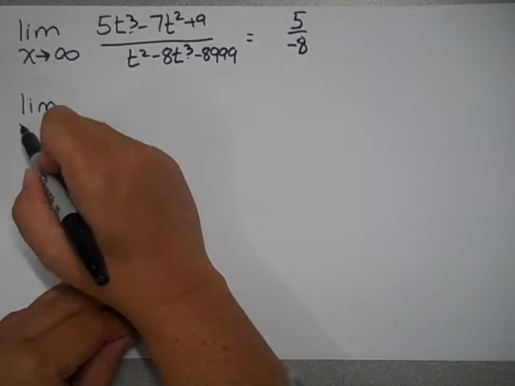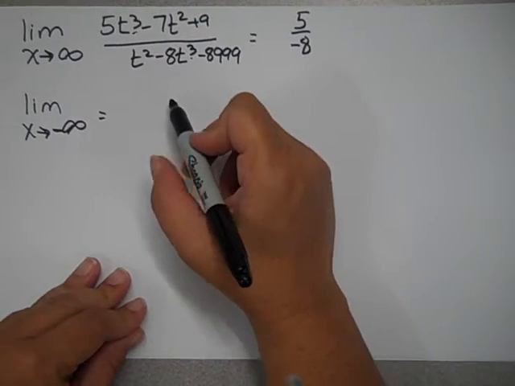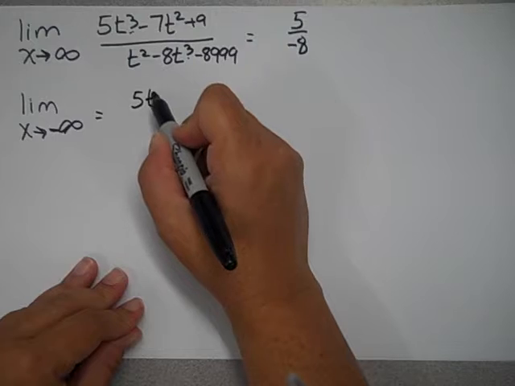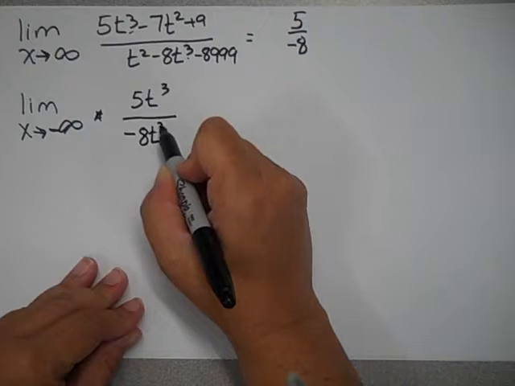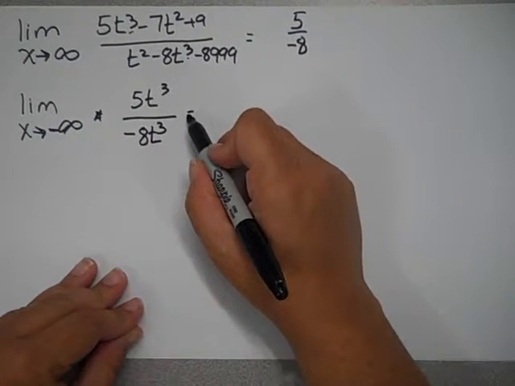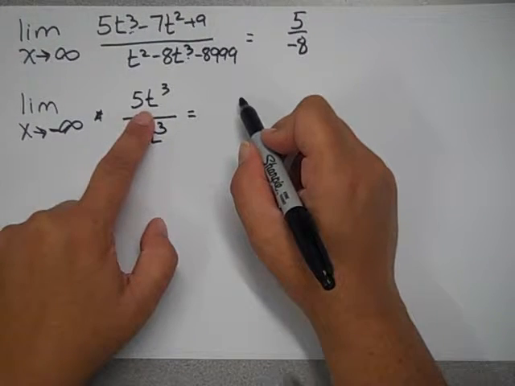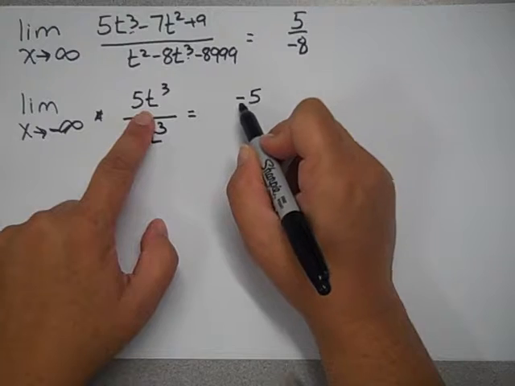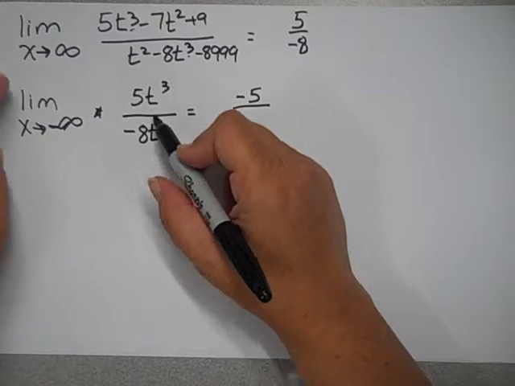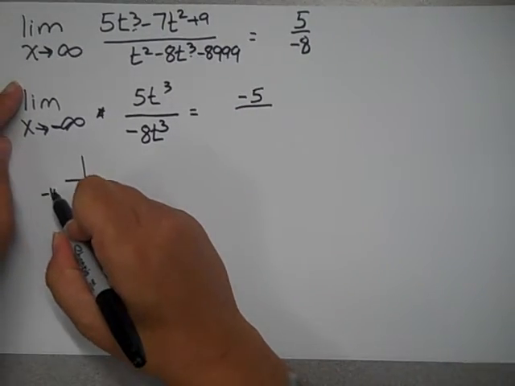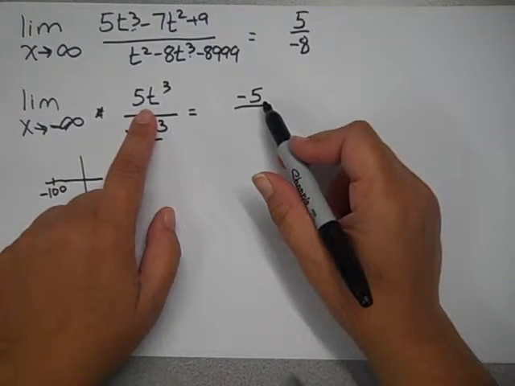So then the limit as x approaches negative infinity of this same function, I'll tell you what, I'm just going to keep the important numbers. 5t cubed over negative 8t cubed. Negative infinity. So actually, this is going to be a negative number, isn't it? Right? Because if I plug in a really small value for t cubed, such as negative 100 for x, that would mean that I would get a negative number here.